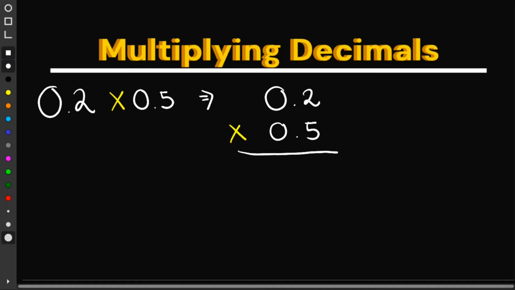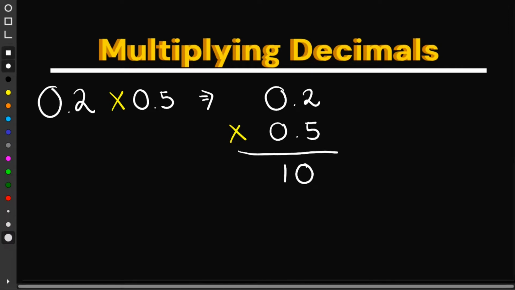So in multiplying decimals, what we do is we just treat these two as whole numbers. So if we treat these as whole numbers, it's simply 5 times 2 or 10.